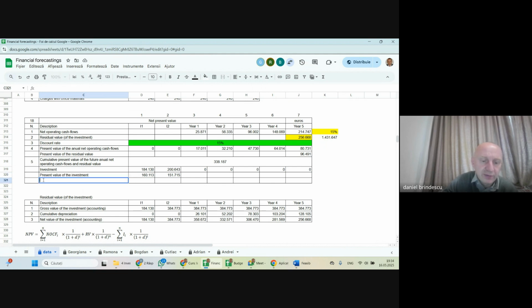And the cumulative present value of investments is €311,000.